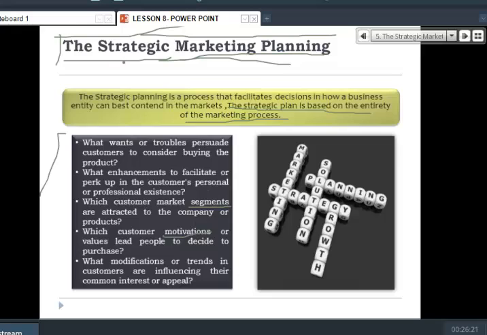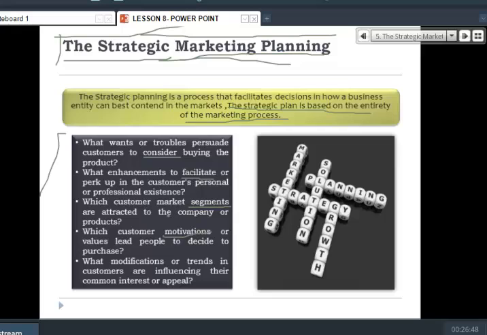So if I ask you what things the strategic marketing planning contains, you need to mention these things. Give your customer a reason to buy. Give your customer facilitation. What are you going to facilitate? Give your customer a segment.